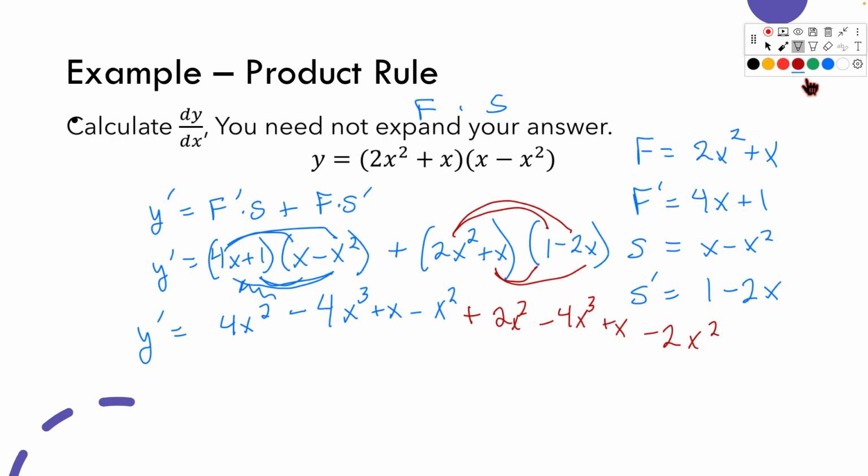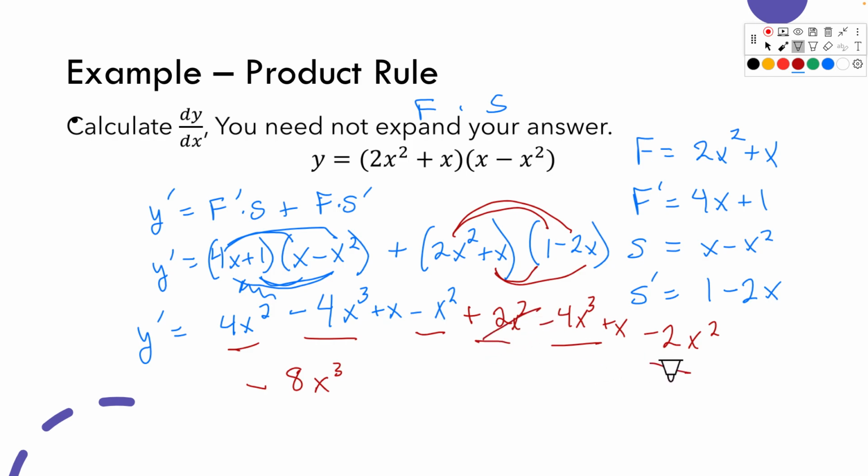Okay, let's come back here. So I've got to see how many x to the thirds. I've got this x to the third, this x to the third. So minus 4 and minus 4 should give us a minus 8x to the third. Now x squared, I have a 4x squared. I have a minus x squared, a plus 2x squared, and a minus 2x squared.